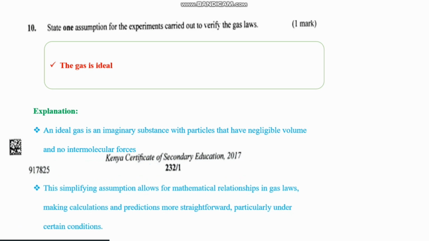This simplifying assumption allows for mathematical relationships in gas laws, making calculations and predictions more straightforward, particularly under certain conditions. If we had catered for the negligible volumes and the intermolecular forces in those gases, the calculations would be much more complex. That's why the scientists assumed that the gas is ideal when making calculations.